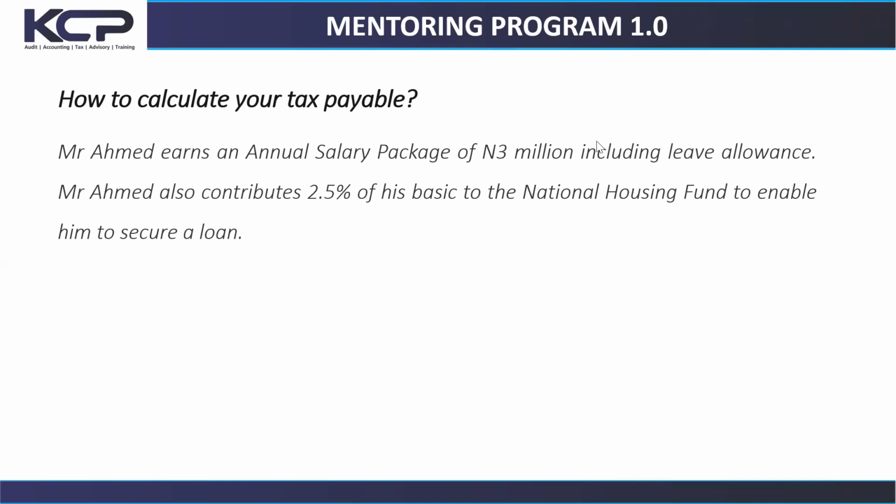All right, so any other question before we go on? All right, so we look at this instance. Ahmed earns an annual salary package of 3 million, which obviously includes leave allowance. Mr. Ahmed also contributes 2.5% of the basic to the National Housing Fund to enable him secure a loan.